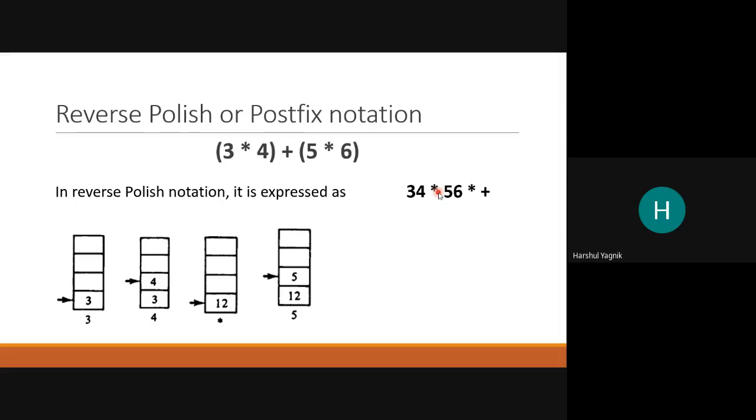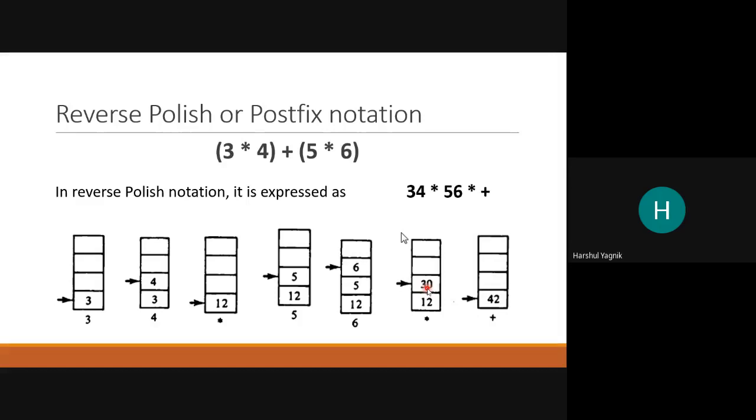Then again we put operand 5, next operand 6, and the multiplication of 5 and 6 is done, and that is put on the stack above the 12. And finally addition. This is how the stack along with reverse Polish notation helps a machine perform the arithmetic operation.